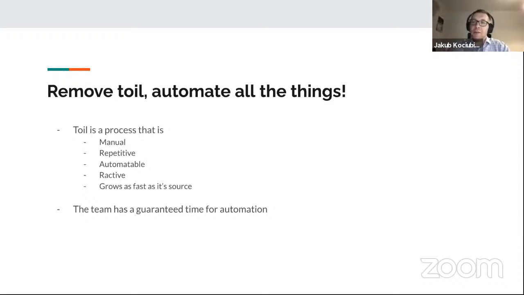Those are the kind of things that you really can and should automate. SRE makes it very clear that developers or SREs, or whatever roles you assign in your teams, should have separate time to do this automation and to automate as many things as possible.